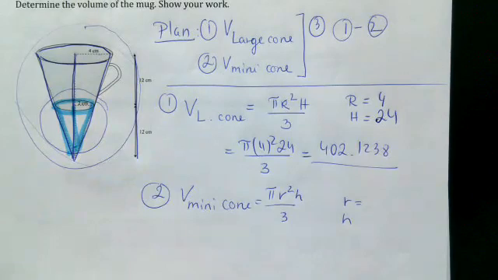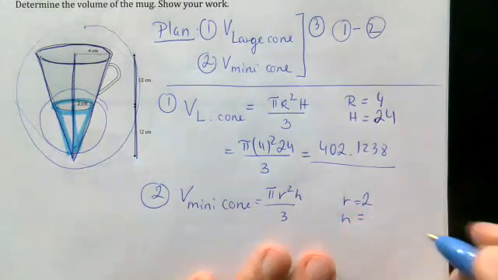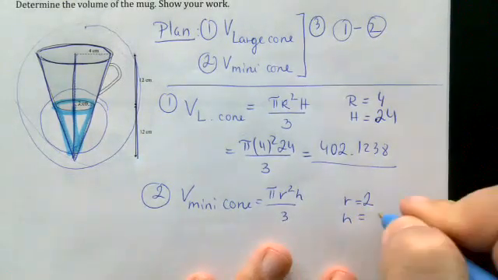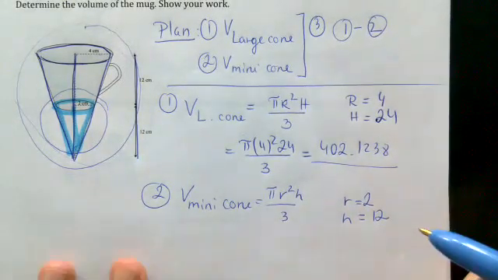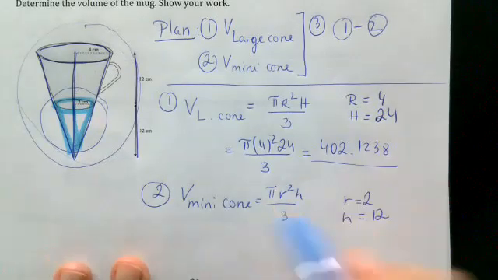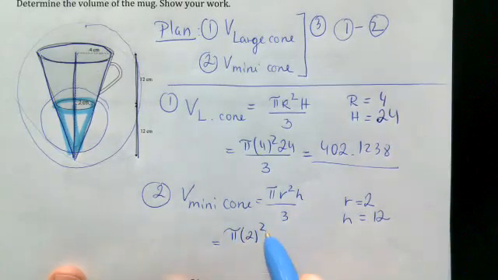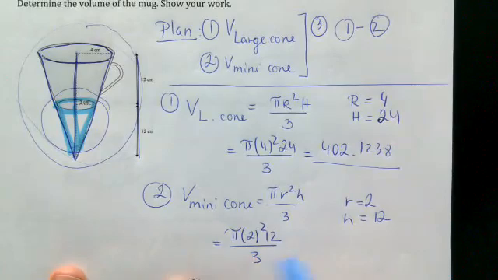What's the radius of the mini cone? 2. What's the height of the mini cone? 12. So pi times 2 squared times 12 divided by 3 equals.